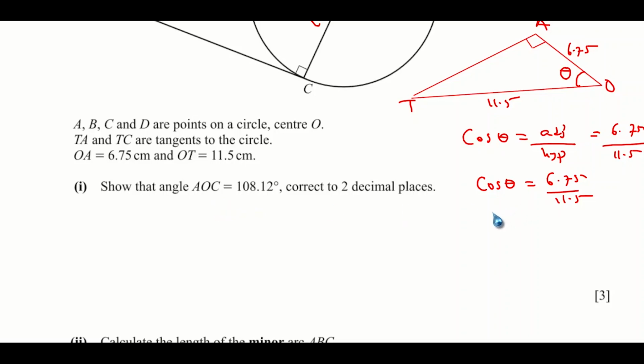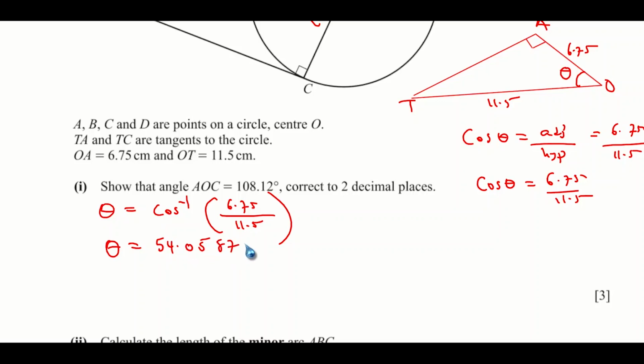Then theta equals cos inverse of 6.75 divided by 11.5. If you take cos inverse of both sides, we'll be left with theta. Now input the whole of this into your calculator and get the value of theta. So theta will be equal to 54.0587 to 4 decimal places.